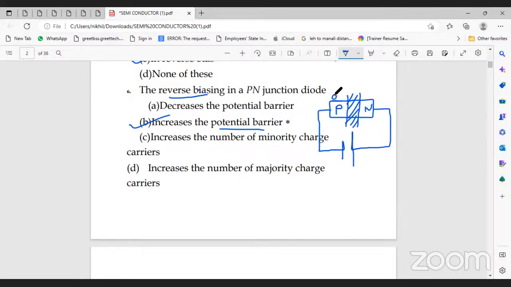The holes here will move towards the negative plate, and the electrons here will move towards the positive plate. So this depletion region will increase, and there is an increase in the potential barrier. Therefore, option B is the right answer.